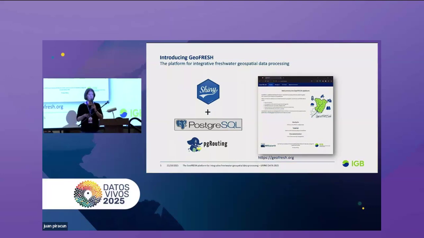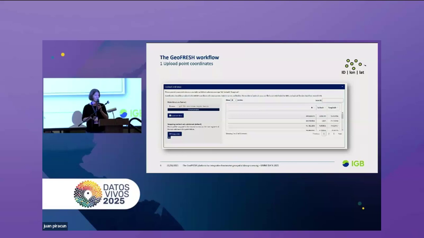So the processing power comes from PostGIS for the geospatial processing and the integrated extension pgRouting for all the connectivity tools. So you can access it here at geofresh.org. And now I will just briefly lead you through the typical workflow that you can find on this platform.